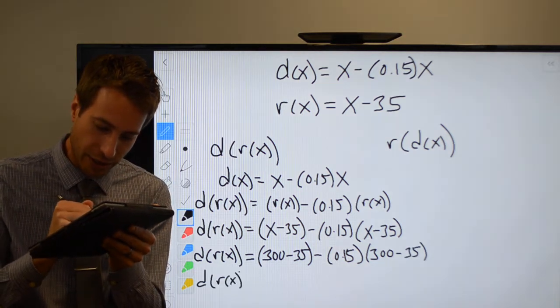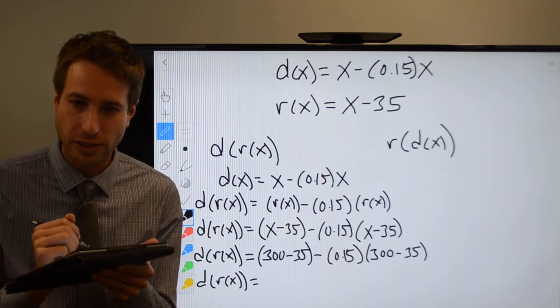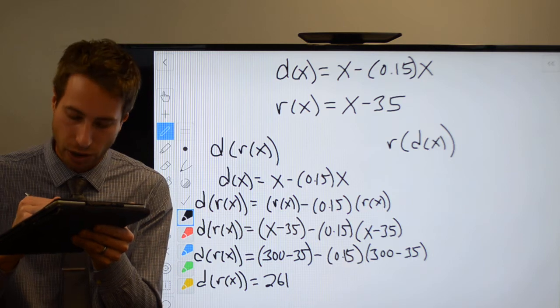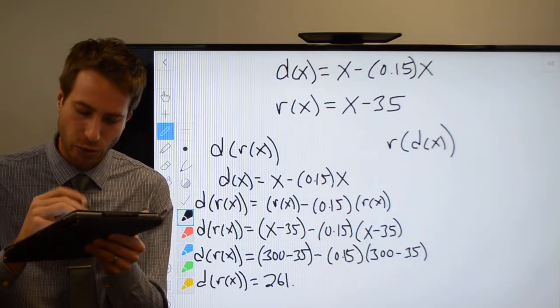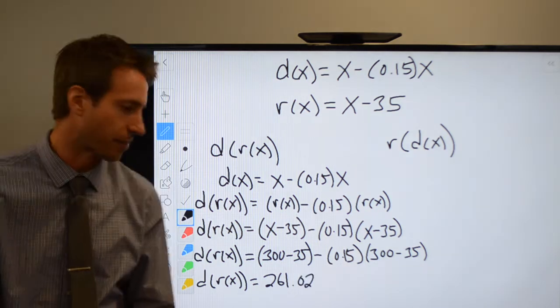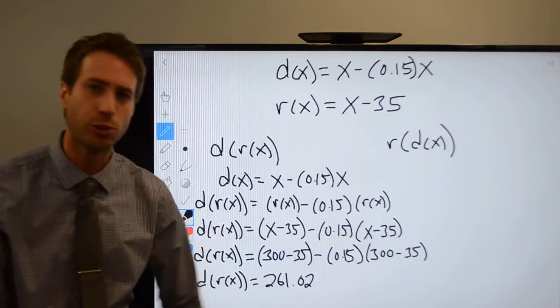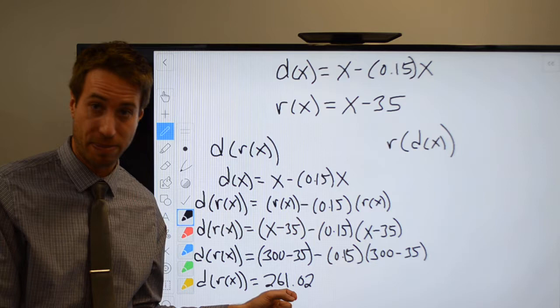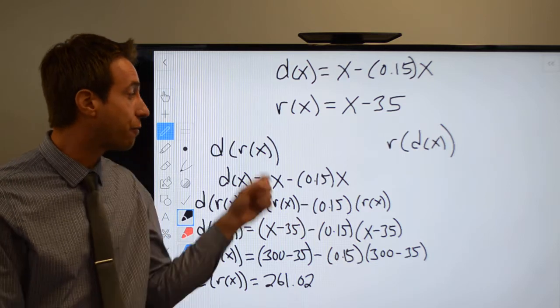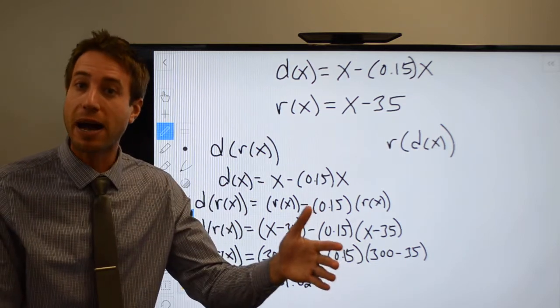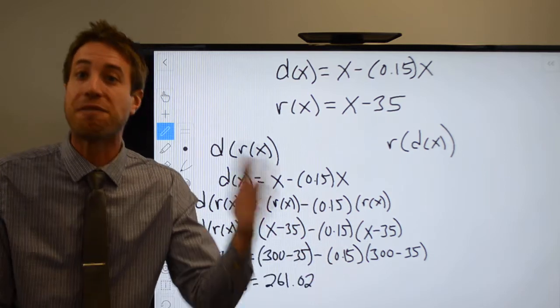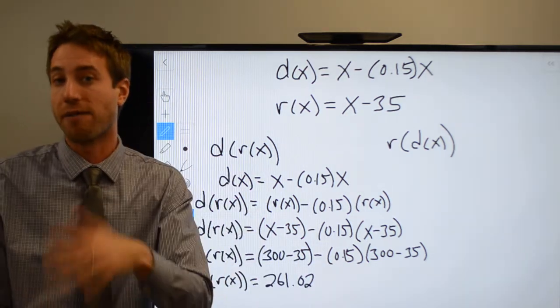Plug that into your calculator, and don't fat finger something, and you get $261.02 is what you would pay. This is the price of that MP3 player if you first take the $35 off of the 300, then 15% off of what's left.